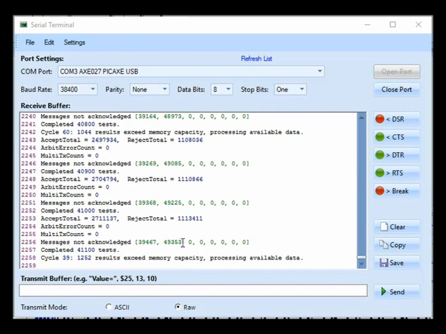So what that tells us is that the only 2 chips that are having messages that don't get acknowledged are in fact the 40X2s. All of the 28X2s as receivers, as transmitters, get all their messages through and acknowledged.